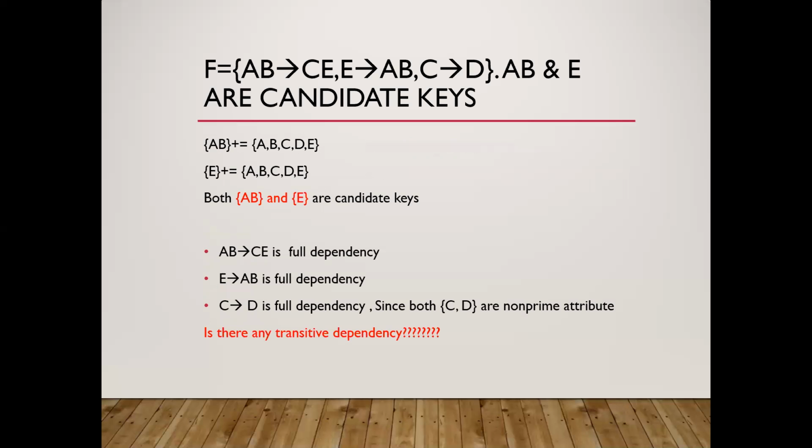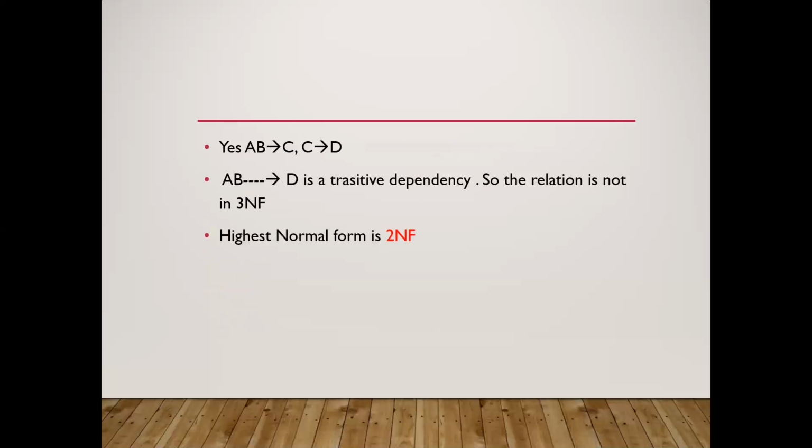Is there any transitive dependency present? Yes, AB can infer D transitively, since the presence of AB to C and C to D. So AB can functionally determine D transitively. So the relation is not in 3NF.